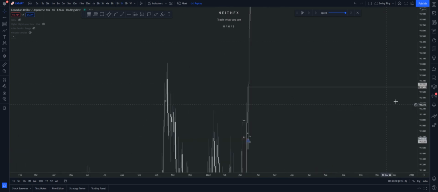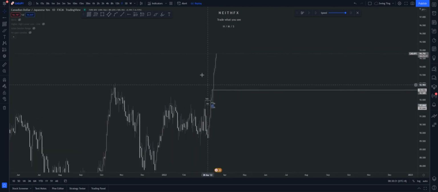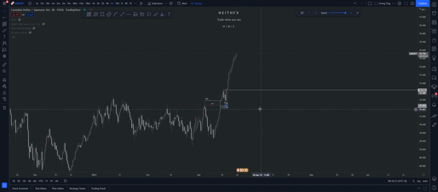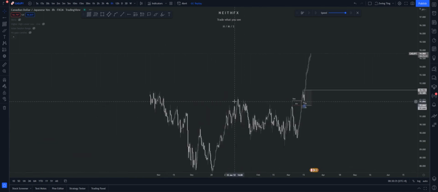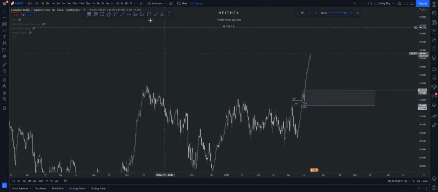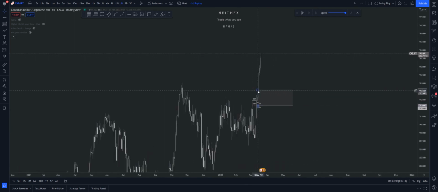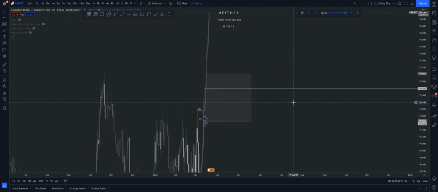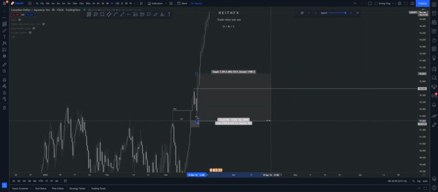Now, if you really wanted to swing trade and set a much higher target, where would you have set it? I'd say the next point you could have set it would be maybe a daily high. So you could have set it at this point here, which is just a bit higher from where I set my target. But yeah, that's basically a really nice swing trade.